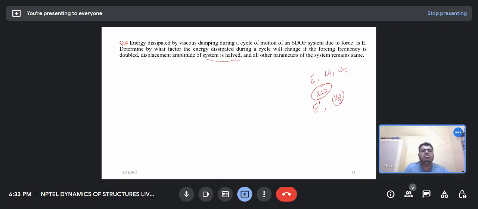So can you calculate the new energy dissipation? Do you know the formula for the energy dissipation due to the motion in one cycle?